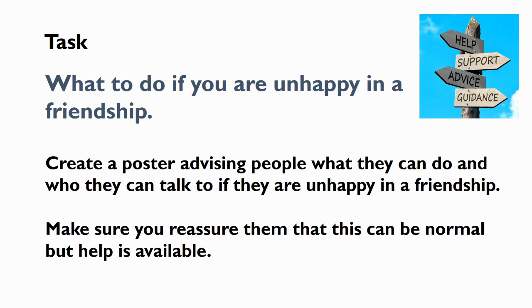So what you might want to consider is outlining the ideas about what positive friendships are from earlier in the video, signs of a negative friendship, who people can talk to, so friends, family, and a trusted adult, and the steps that they can take to resolving this situation in a calm way, like we talked about, apologizing, listening, etc. So try to include all of that information onto your poster, and you should do that now for the next 20 minutes.